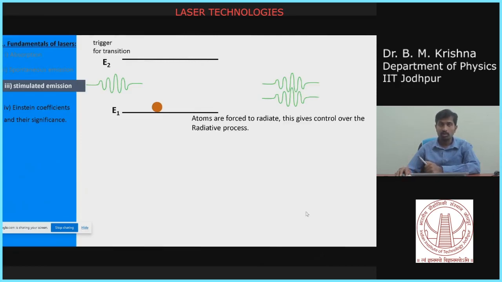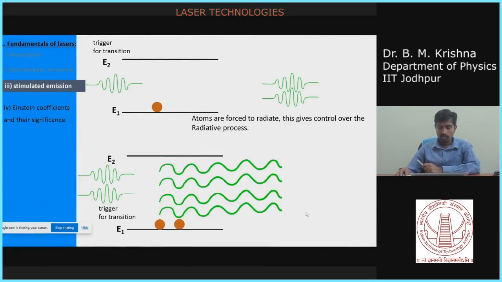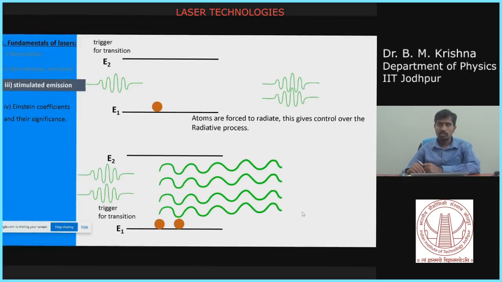This process is called stimulated emission. Now if you see two photons incident on a system of two excited atoms, you are able to get 4 photons as output. All the electrons decay to the ground state at the same time. That's the reason it acquires the same phase and also follows the direction of the triggering photon.